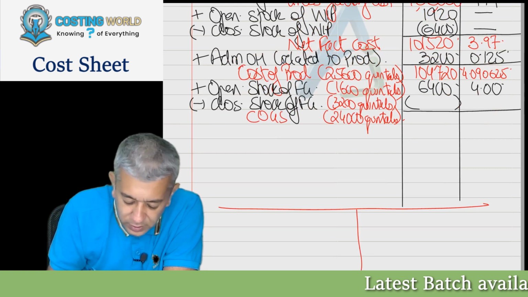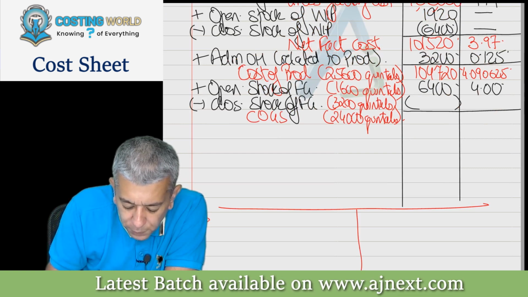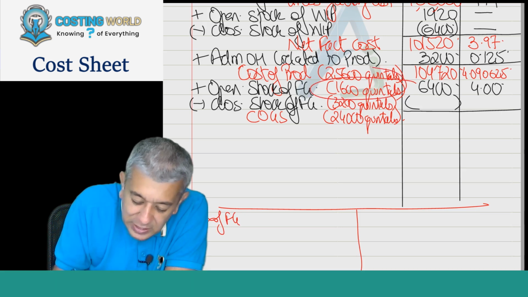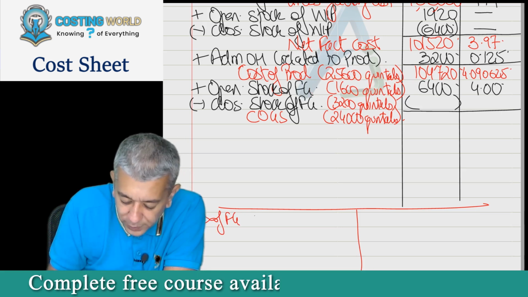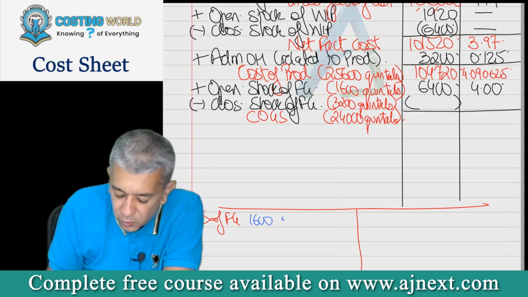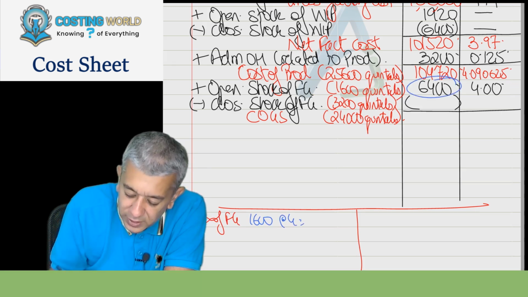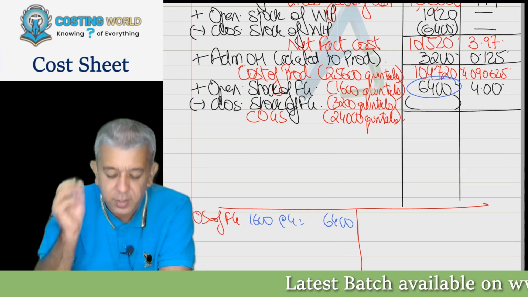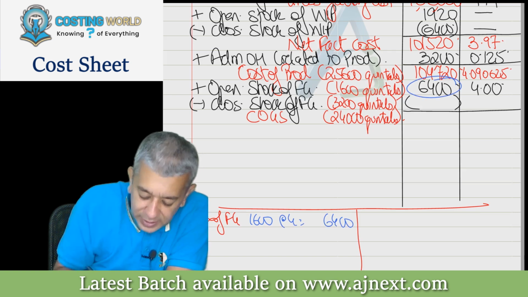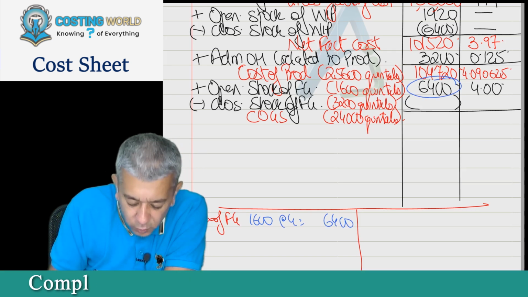Okay, see. So to opening stock of finished goods, you had 1600 quintals. I'll write with blue pen now, 1600 quintals. Every quintal had a cost of 4 rupees. So this particular figure was 6,400. This was whatever you had on the first day. After that, in this period, what you have produced.